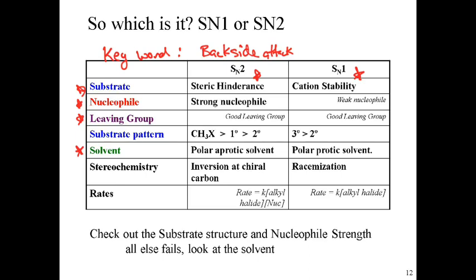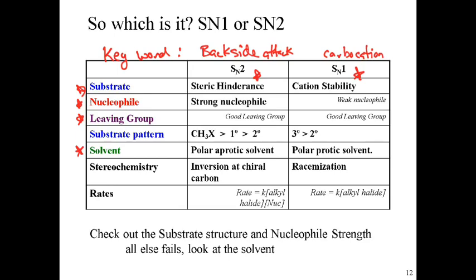If we move over to SN1, what do we need to memorize? Carbocation. So that when I look at a substrate, I need to be thinking about cation stability. Can I stabilize the cation? If I can, then that's a good thing for an SN1. Okay? Nucleophile. I need strong nucleophiles for SN2.